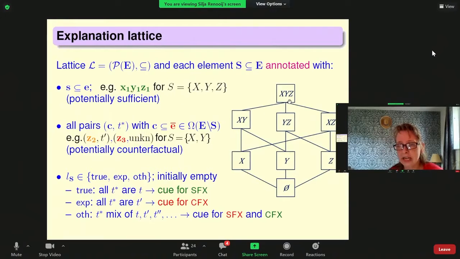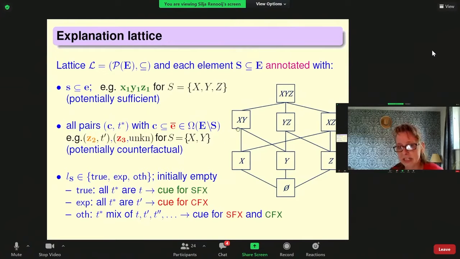Then another thing we annotate every lattice element with is all pairs of potentially counterfactual explanations. These are subconfigurations of other values of the variables involved. For example, if we look at variable z, we've observed value z1, and suppose it has three different values, so we also have z2 and z3.